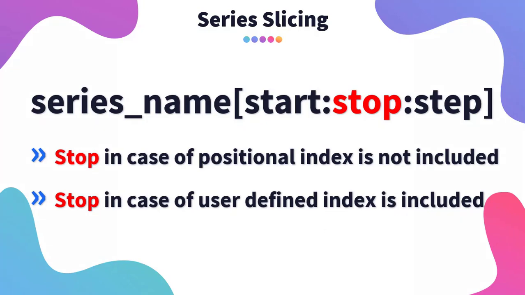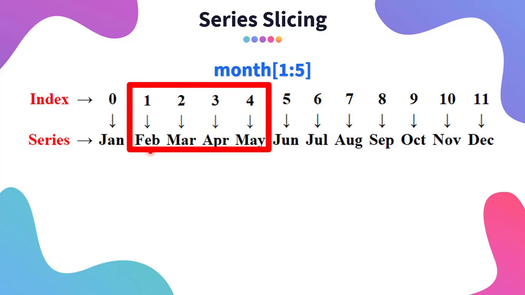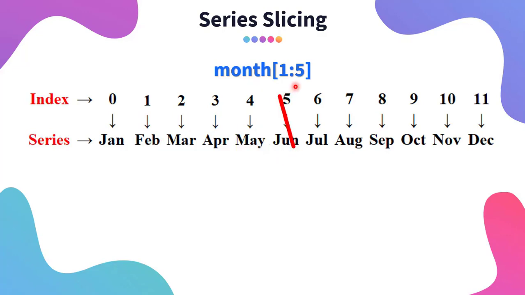Let us see that with the help of an example. We have this series with the index 0, 1, 2, 3, 4, 5, 6, 7, 8, 9, 10, 11 with the months. So if I write month 1 colon 5, that means the slicing will start with 1, that means from Feb, and go up till May. I have already told you that the index value 5 will not be included.